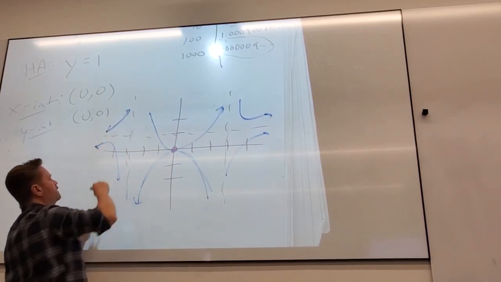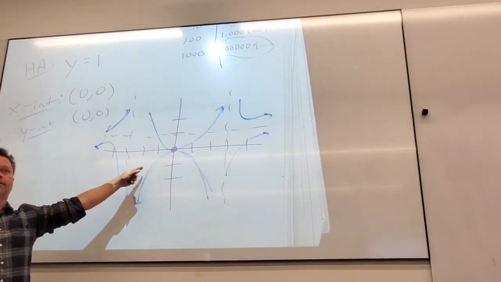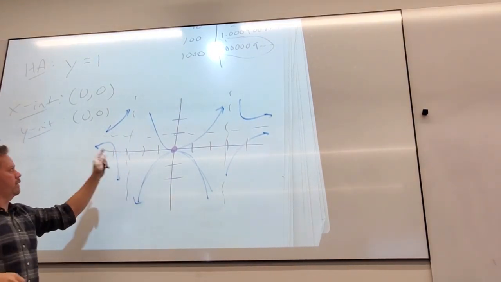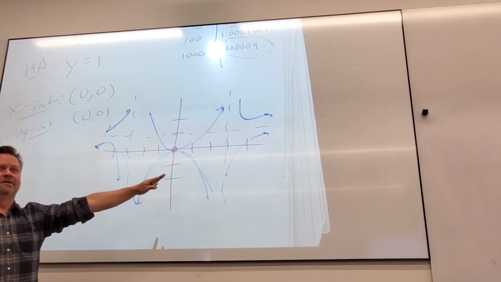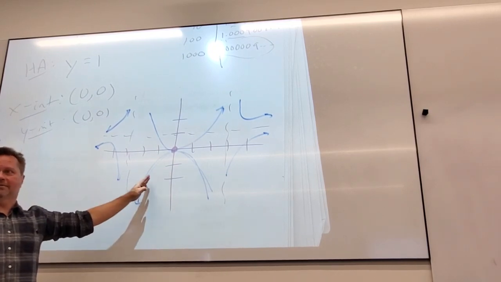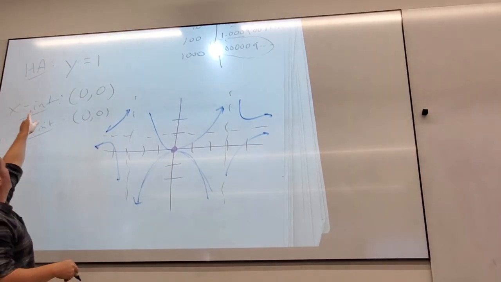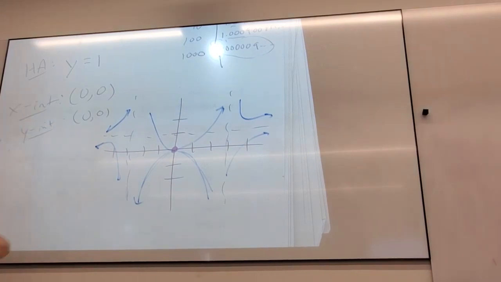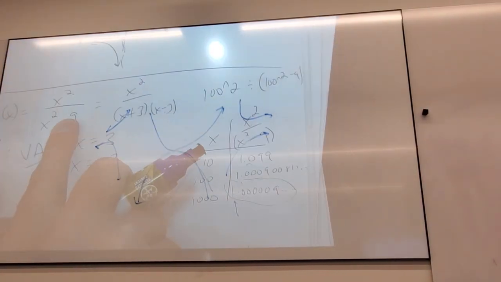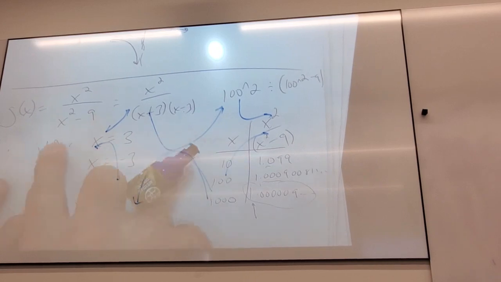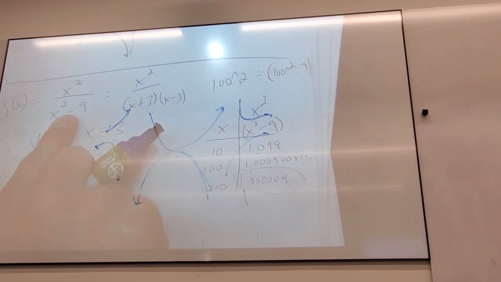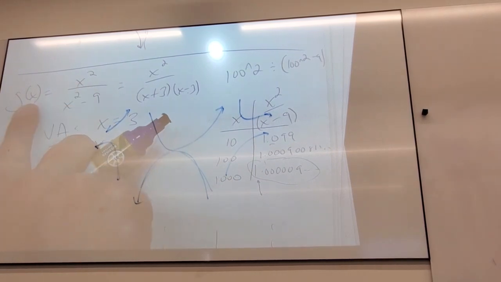Now, real quick, if somebody turned this in as an answer, why is it immediately obvious this is not the answer? Did I give you a function as a problem? Is this a function? Yes, it is a function. For every input, I only get one output, by definition.